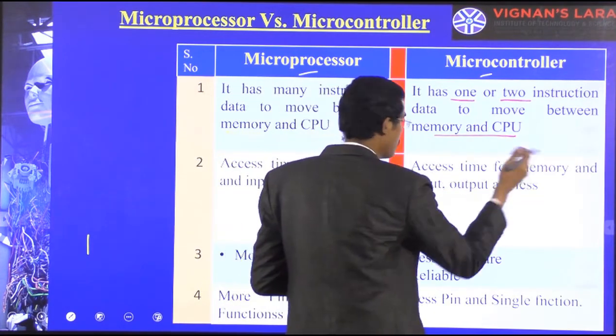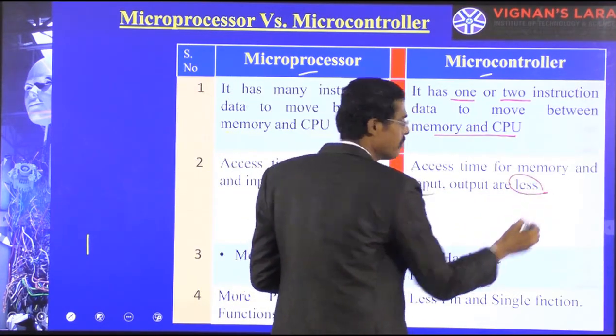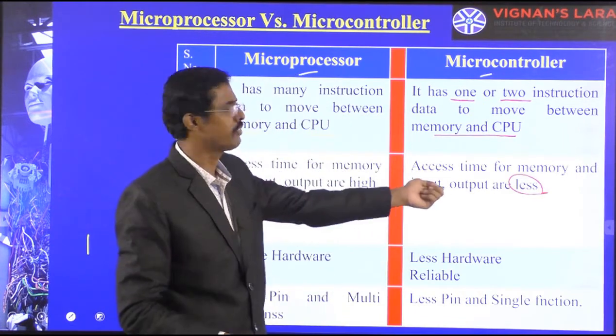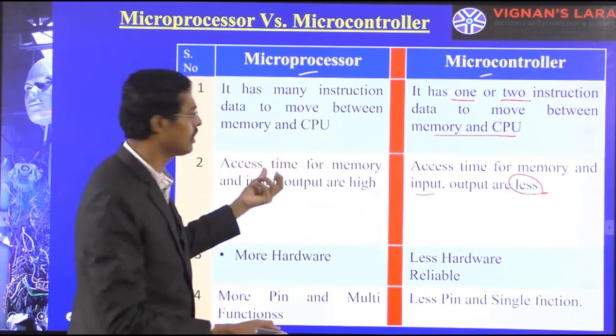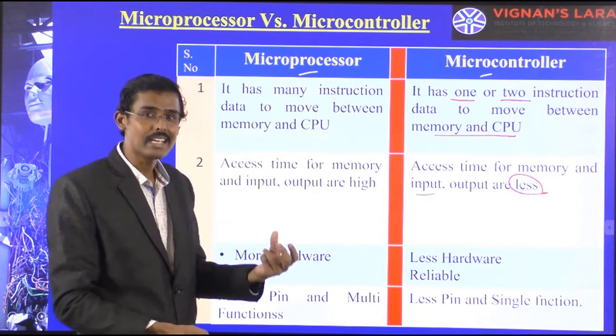Access time from memory to input outputs is very low, because we are giving only one instruction, and therefore it responds back immediately. Here we are giving multiple instructions, therefore it may take time.